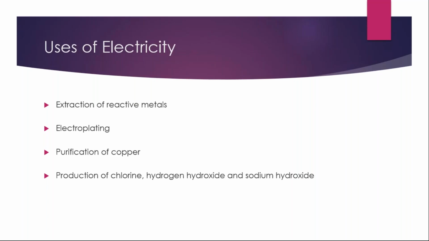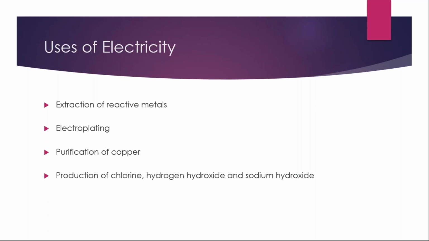If you look at the electrolysis of brine water, which is sodium chloride, you will see that sodium as a reactive metal is produced by that electrolytic reduction. These metals cannot be reduced using carbon because carbon is less reactive than them, so you can only get them through electrolytic reduction.